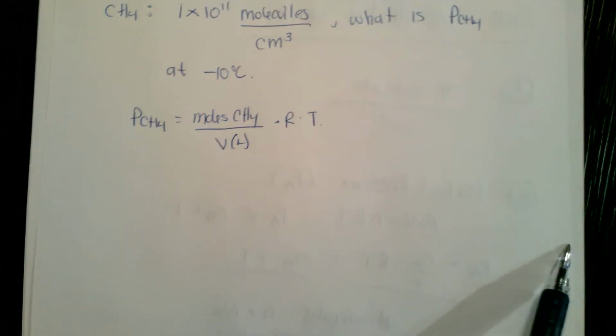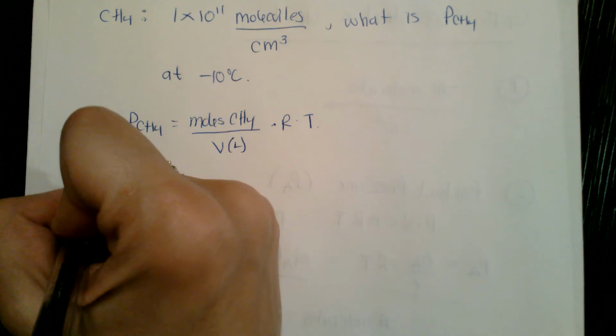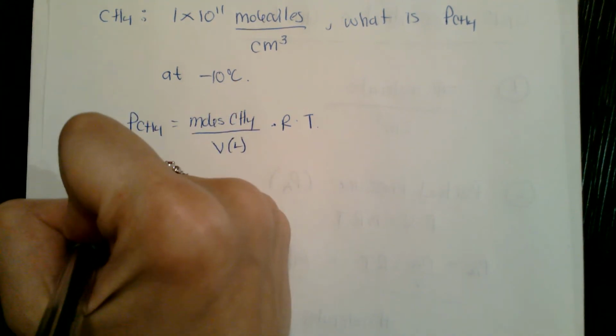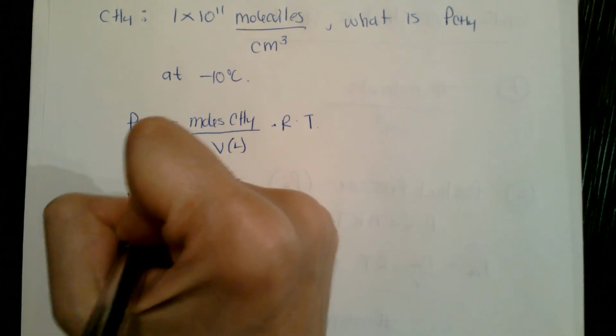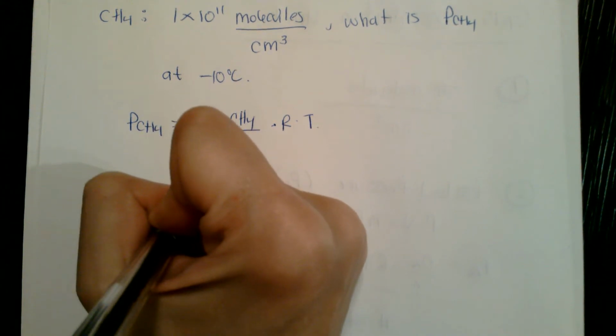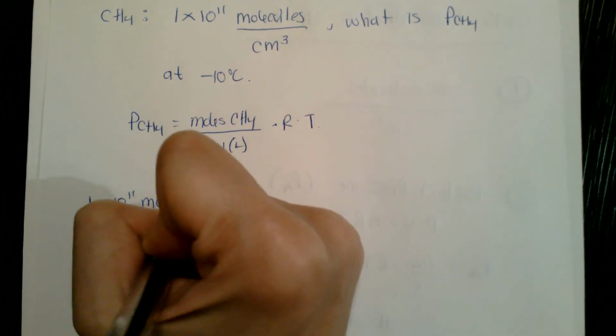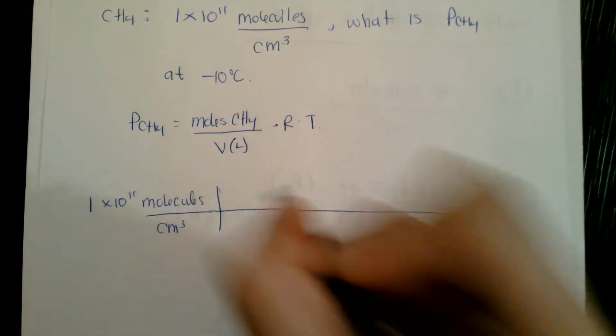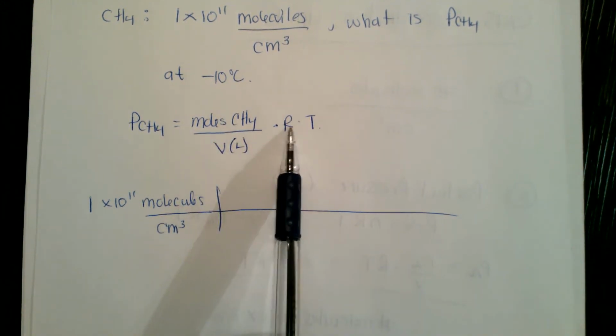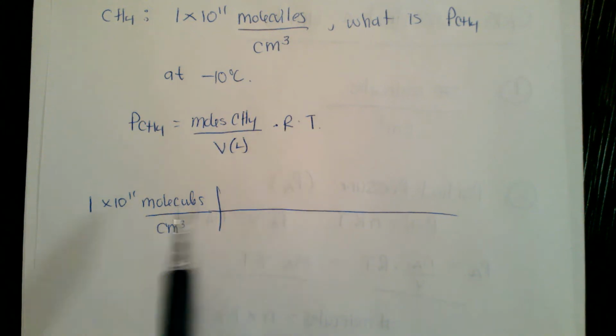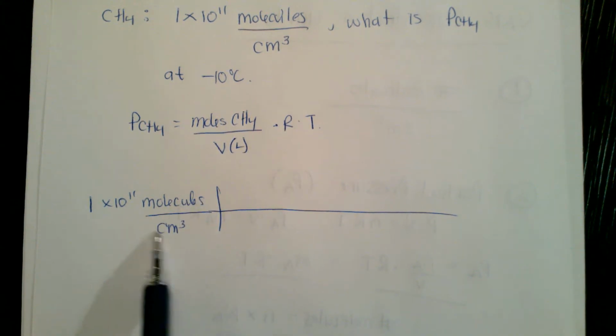So this is just going to start off with a unit conversion. We have 1 times 10 to the 11 molecules per centimeter cubed. To get our units to cancel with the gas constant, I'm going to need this to be in moles per liter.